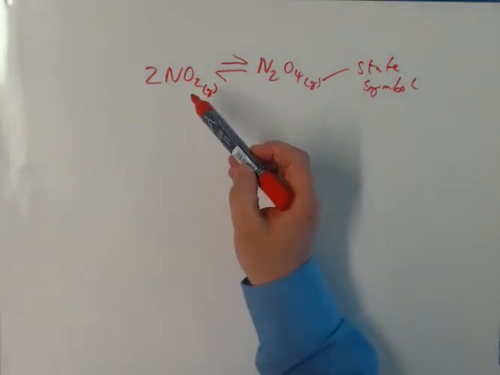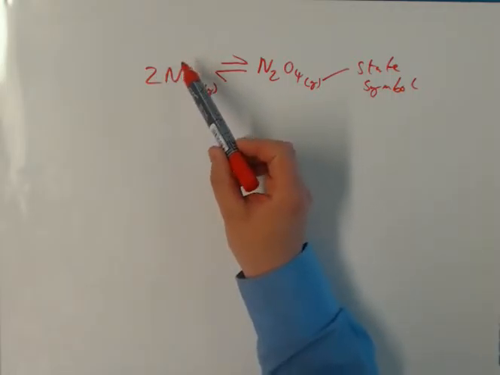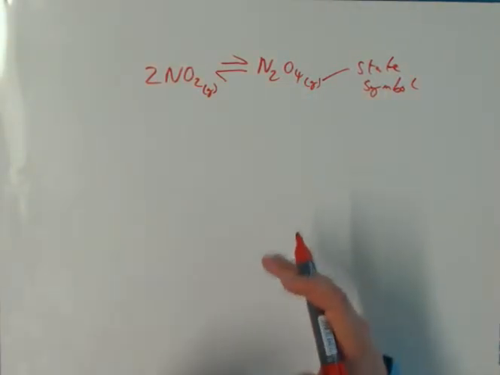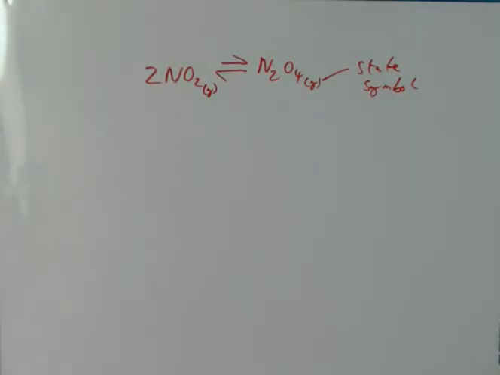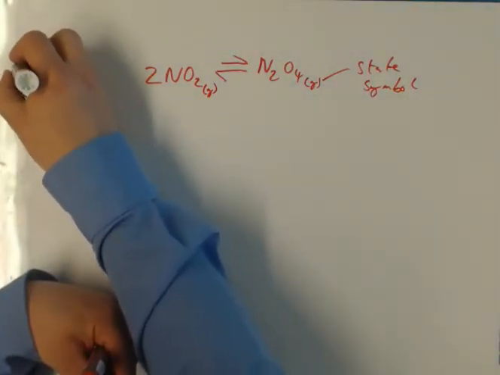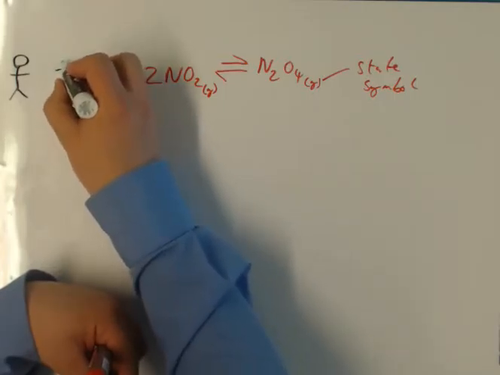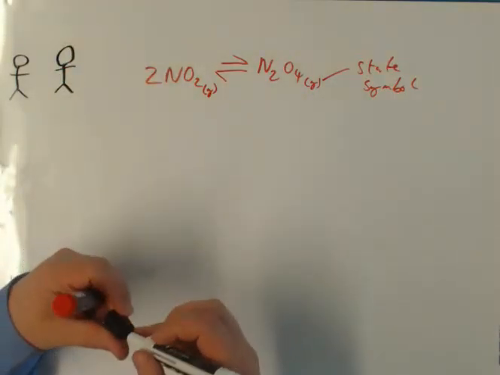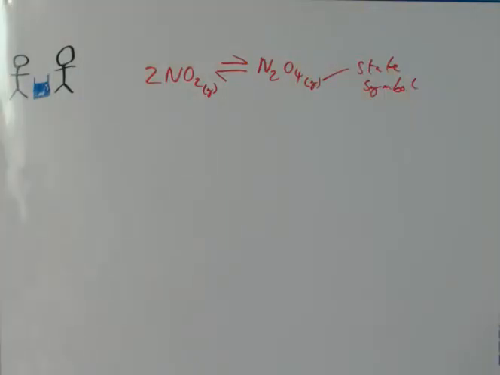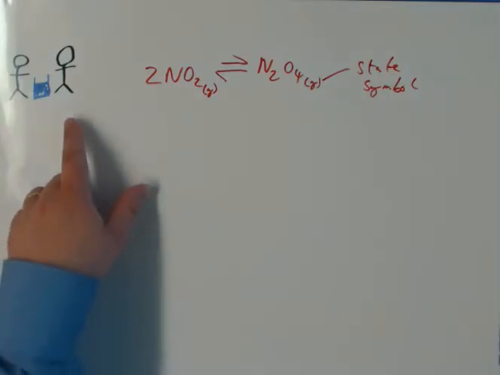Now, if we add more nitrogen dioxide, that's going to unbalance the seesaw of this reaction. Our two little people with their vat of water, that's what's gone on there. And that means this guy has to work harder.